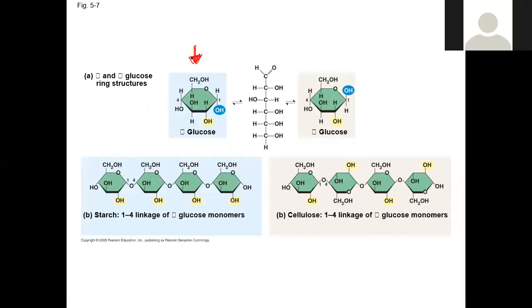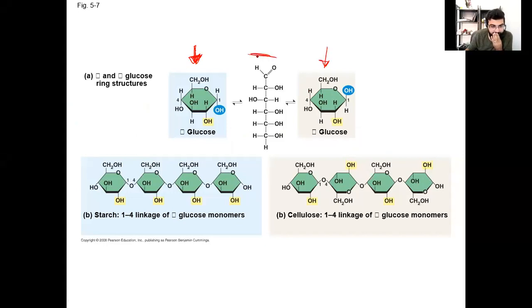Okay, this one, alpha or beta? Alpha. Excellent. And this one? Beta. This is in ring shape, and this is in straight shape. Here we can see this one, alpha or beta?